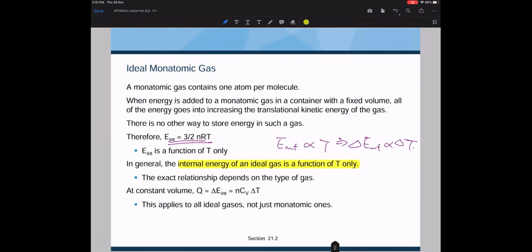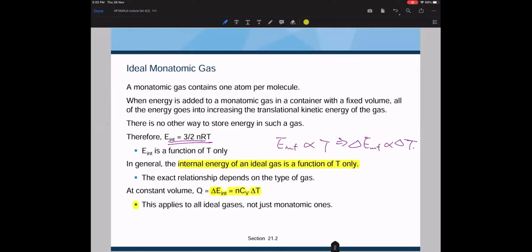For any of the ideal gas, the internal energy change is equal to NCV delta T, because all the heat energy is used for changing the internal energy. No work is done in the constant volume process.